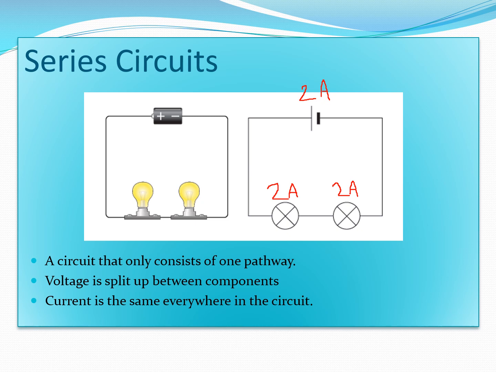So in a series circuit, wherever you are, whether you're up here, whether you're here or here, the current is always the same. This is not true for parallel circuits.